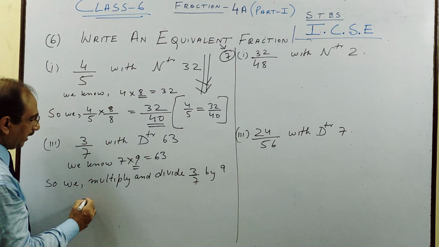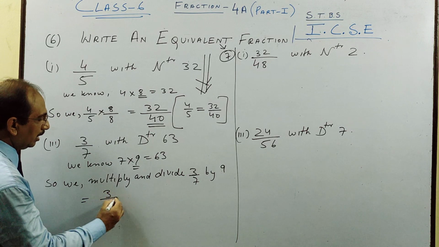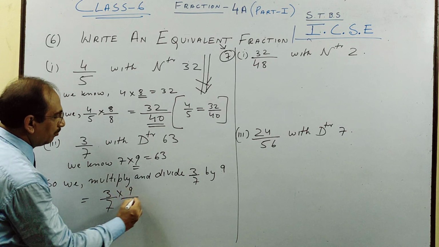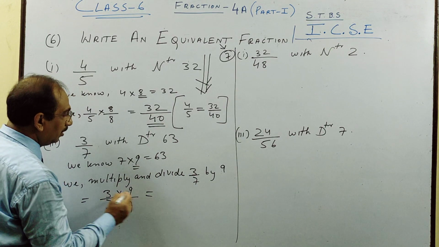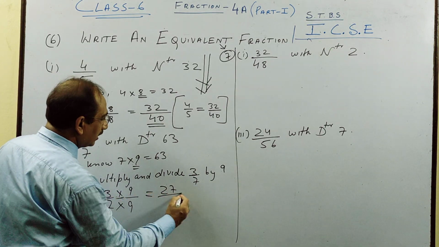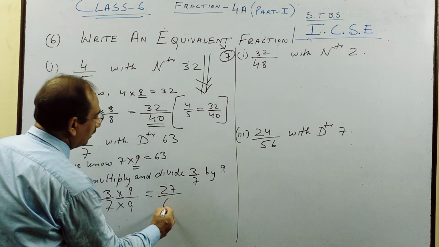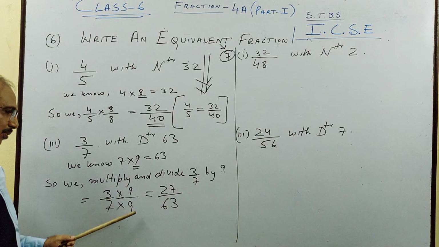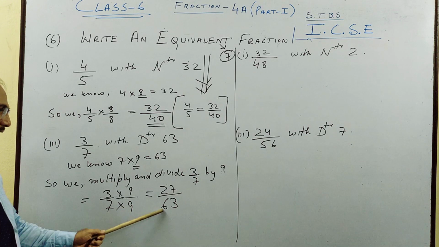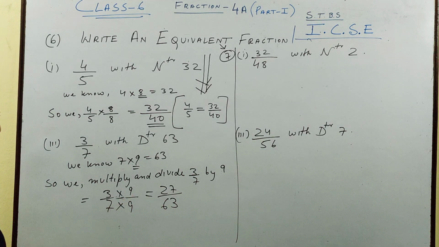So what do we get? 3 by 7 into 9 by 9. So 9 3s are 27, 7 9s are 63. So if you multiply the denominator to get 63, the numerator also you have to multiply.